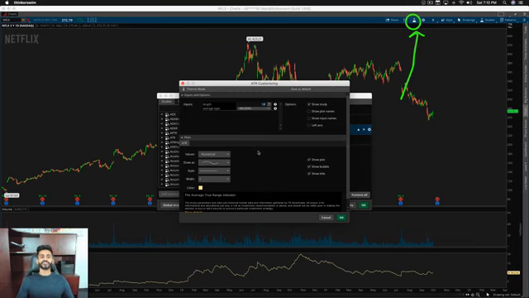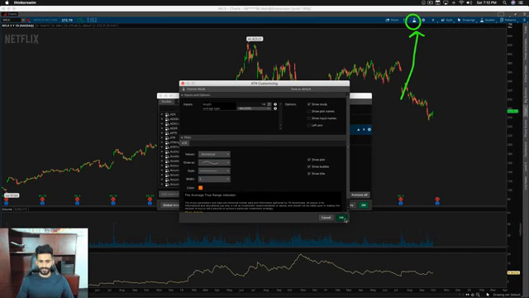If I want to change the average to 10 days, 5 days, whatever average you want, I can simply change that. But I'm going to leave it at 14. If I want to change the color of this to, let's say, for argument's sake, orange, I want to make the width a little bit wider, I can do that. I can change the style. Whatever you want to do, you can customize. That is completely up to you, right?